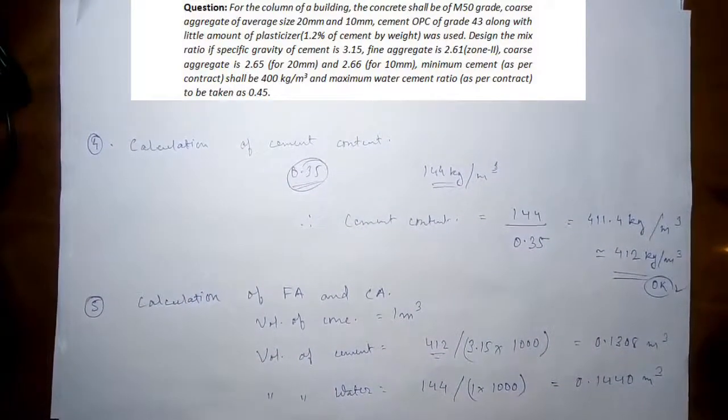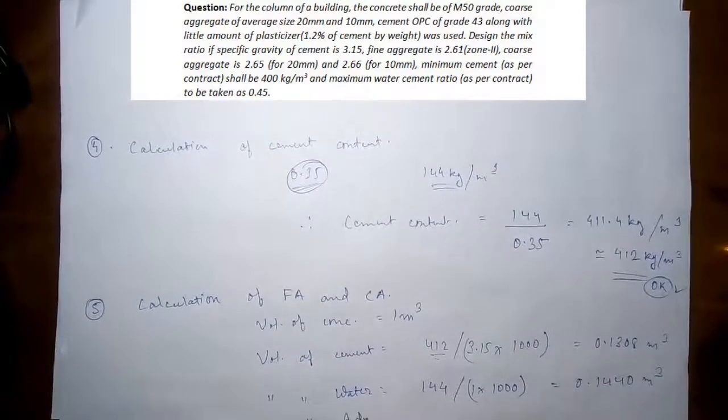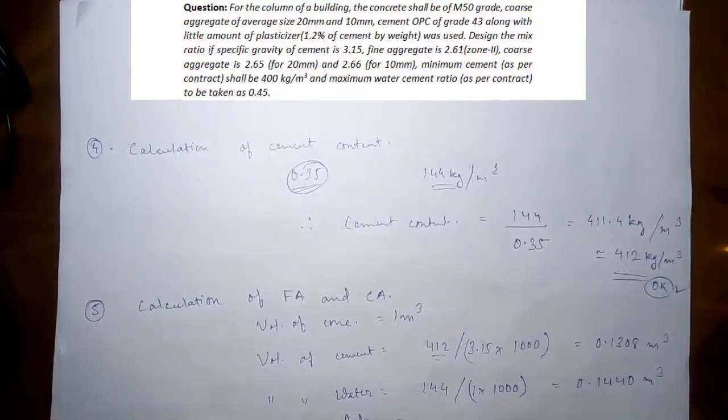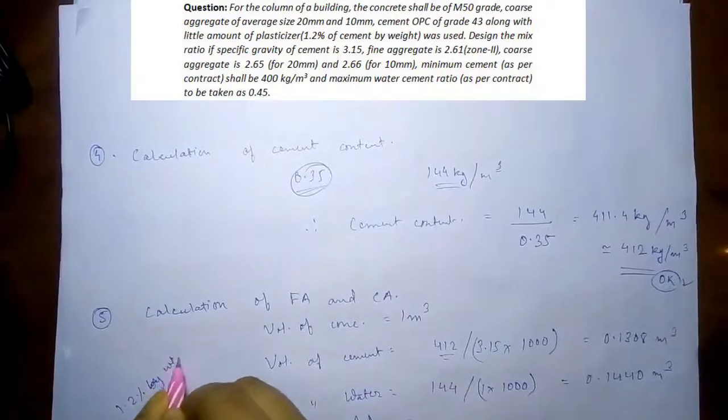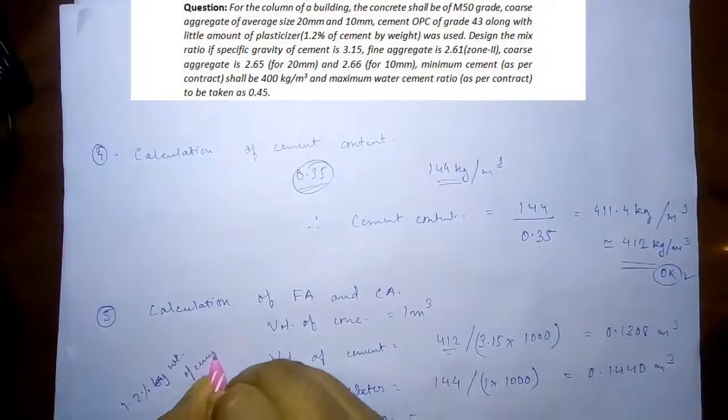So the volume of admixture will be equal to, so 4.994 will be the mass of admixture, because it is said that it is 1.2% by weight of cement.